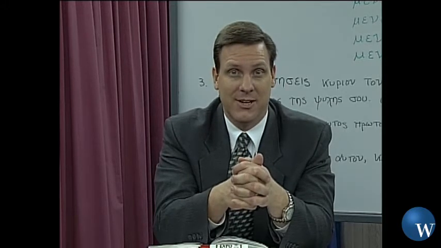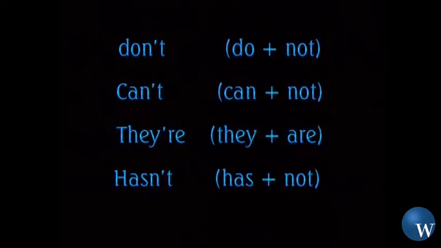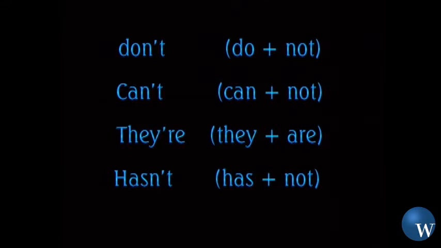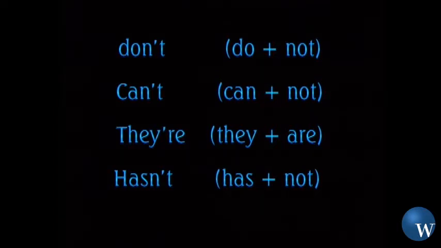Let's talk a minute about what we mean by, first of all, contraction. What is a contraction? Let's take a look at this first chart. In English, we have words that contract. For example, it's the bringing together of two words, like do and not. When those two words come together to form the word don't, we can see they contract, right?